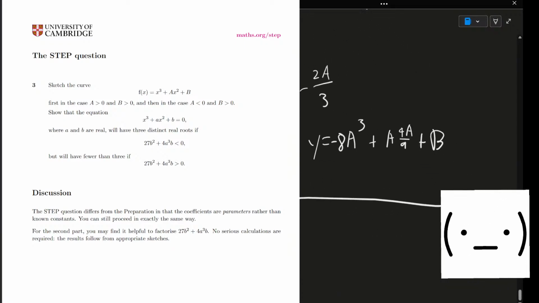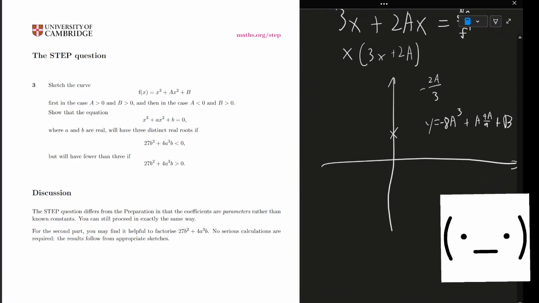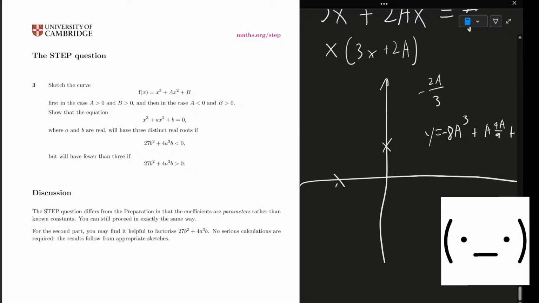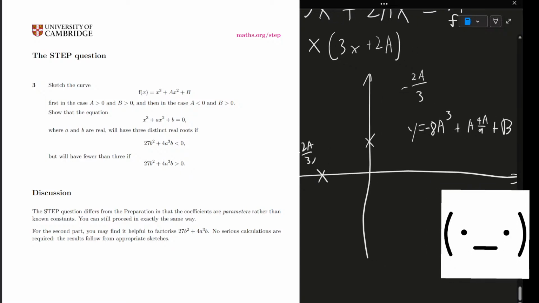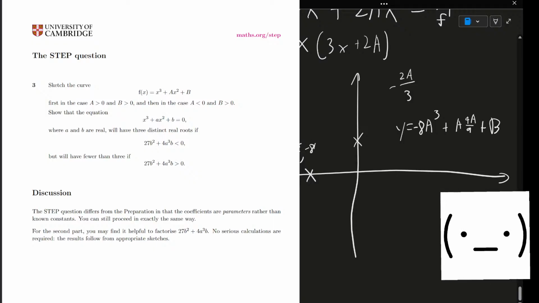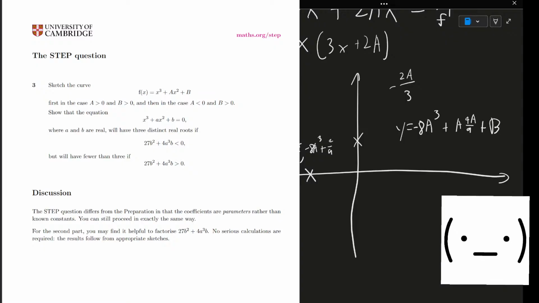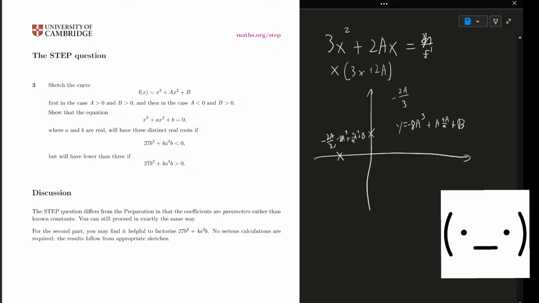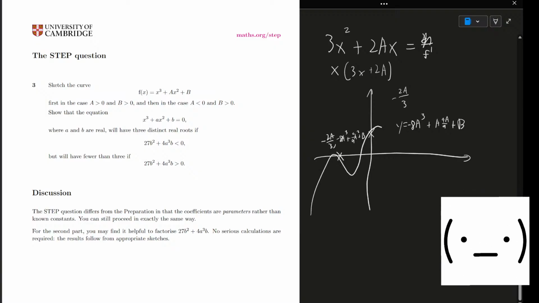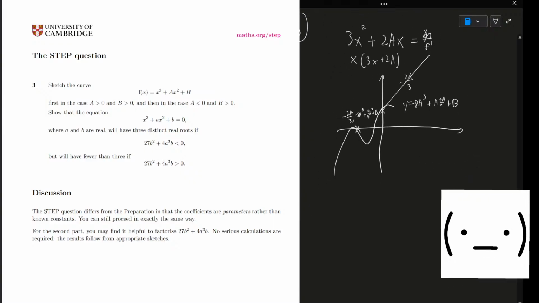Must be. There we go. That's our lovely graph.